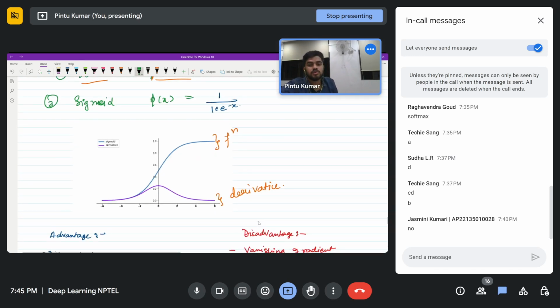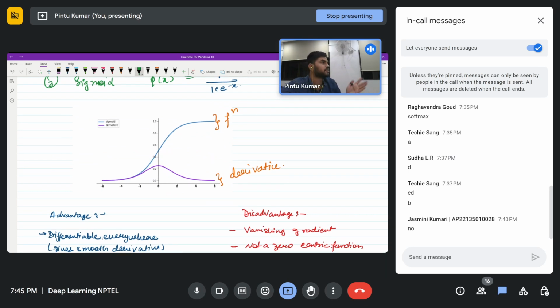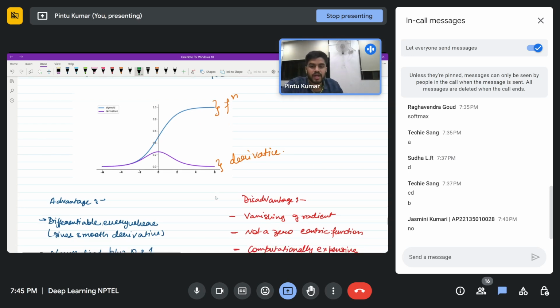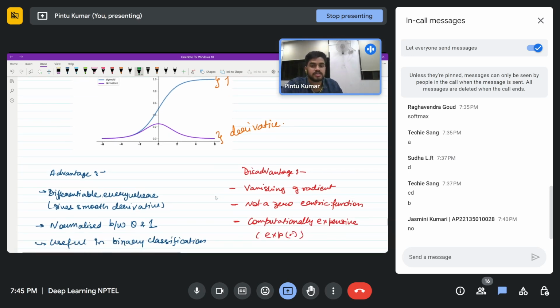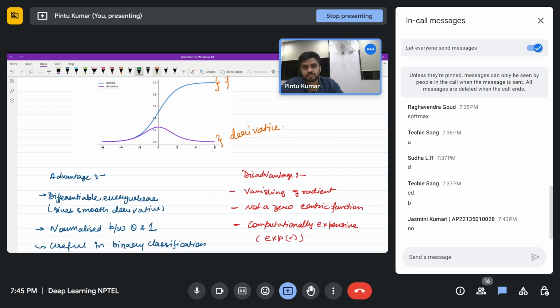Okay, so this is our sigmoid activation function that you have used for binary classification during the perceptron and those kinds of things. So we'll look at some of its advantages and disadvantages. Its advantage is that this function is differentiable everywhere. If you look at the curve, this is very smooth, so when we calculate the gradient it is differentiable everywhere, and it is normalized between 0 and 1.